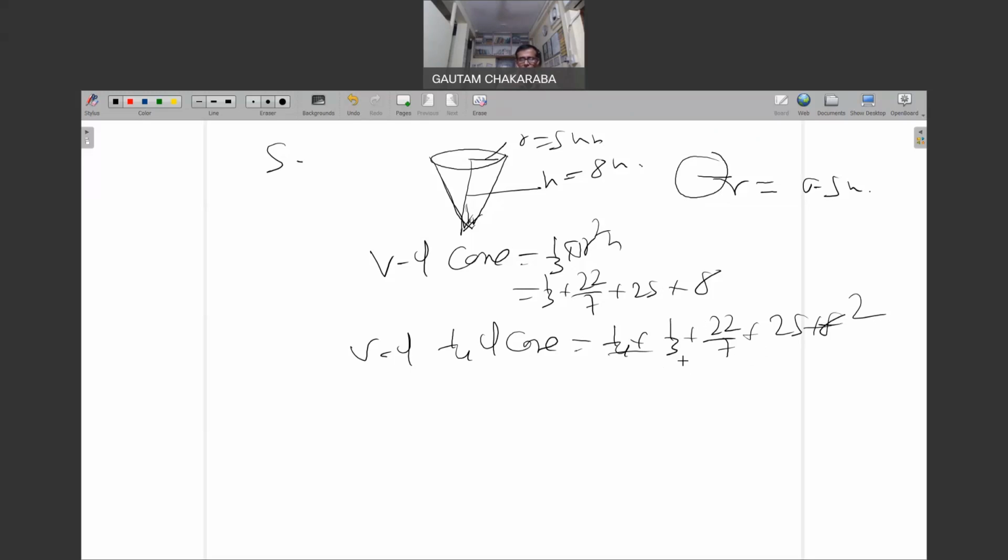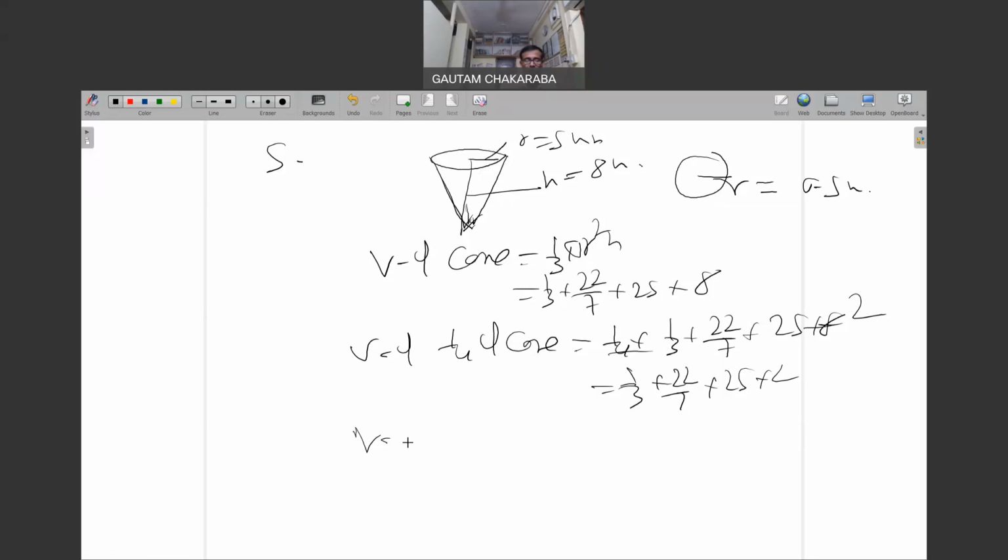That is the volume of 1/4 of water that flows out of the cone when you keep the spheres inside, because water is full in the cone, and when you put a sphere, some water overflows. So 1/4 of the water overflows. So how many spheres are put in the cone?